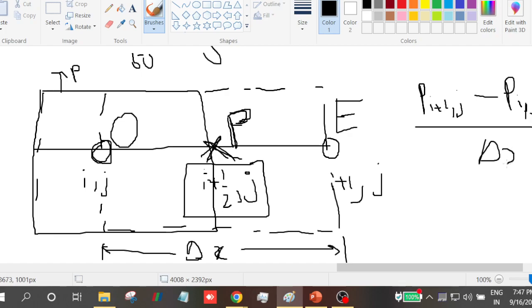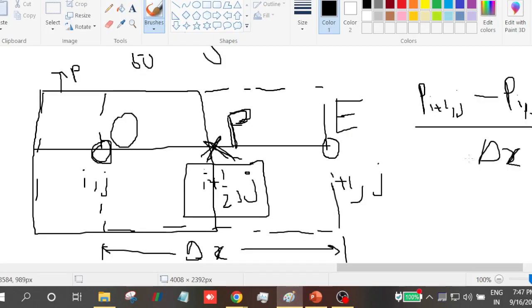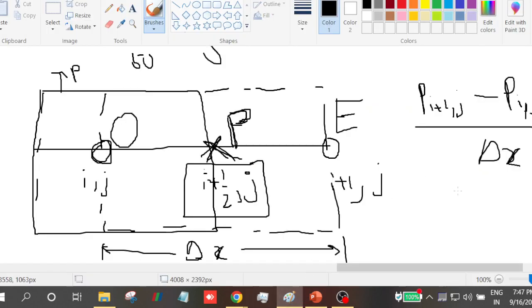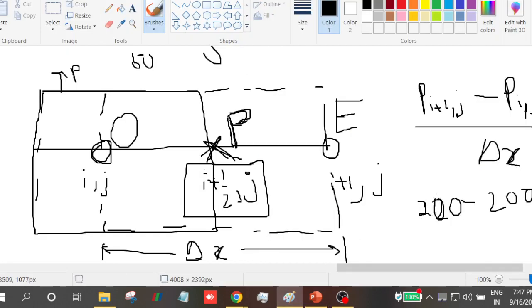Now you will see the value. What should be the value? 200 minus 220 divided by what is the delta x? 0.1. So what should it be then? Sorry, it is 200 minus 220, divided by 0.1.